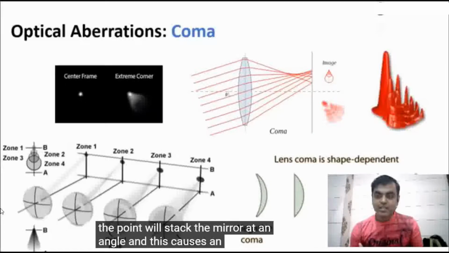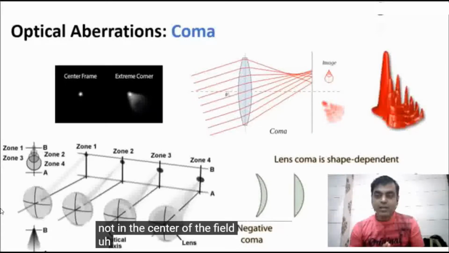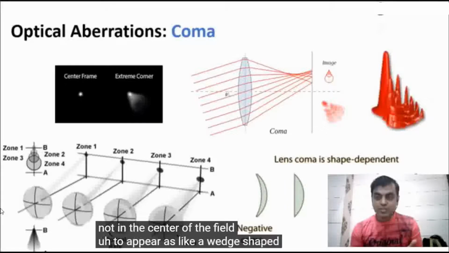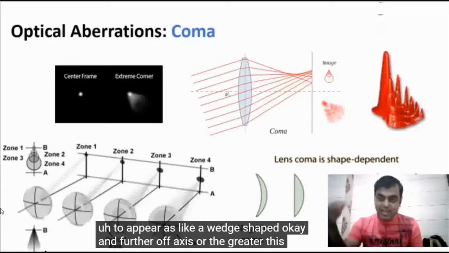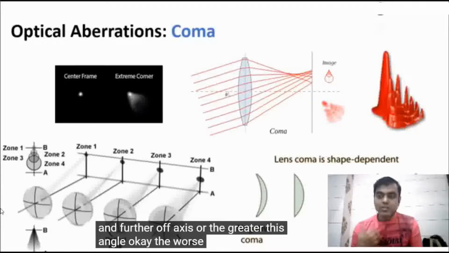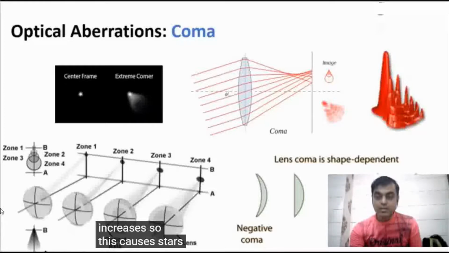This causes an image that is not in the center of the field to appear wedge shaped. The further off axis, the greater this angle, the worse this effect becomes. So this causes stars to appear to have a cometary coma.